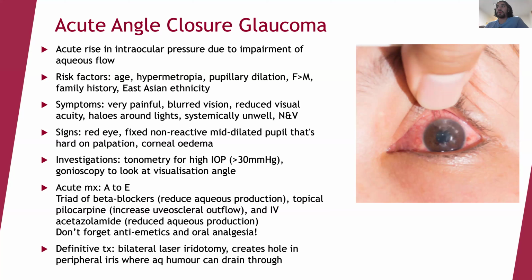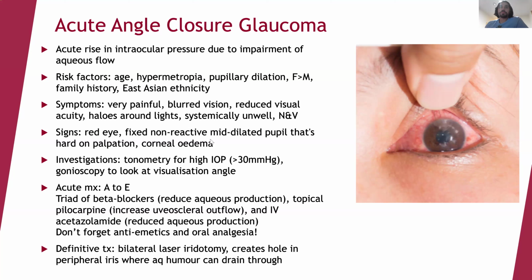So you get a buildup of this aqueous humor. So you get this rise in intraocular pressure. And this can cause damage to the optic nerve. So that's why you get painful blurred vision, reduced visual acuity, and halos around lights. So that's a key buzzword again. And you get nausea and vomiting as well, systemically unwell.